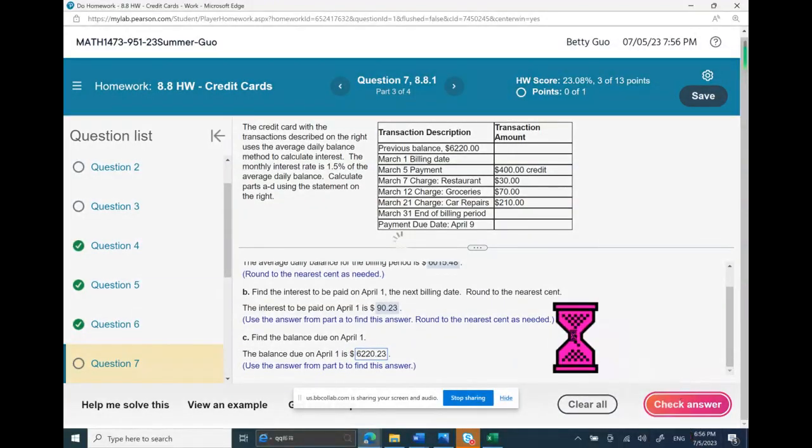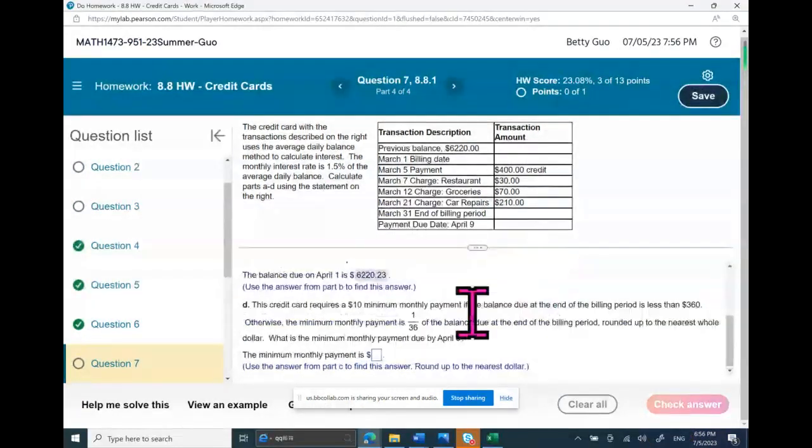Check answer. Okay, minimum. We have to read the instruction. This company says $10 minimum if the balance is less than $360. Obviously, our case goes way beyond that. So otherwise, it's going to be 1/36 of the balance due at the end of the billing period.